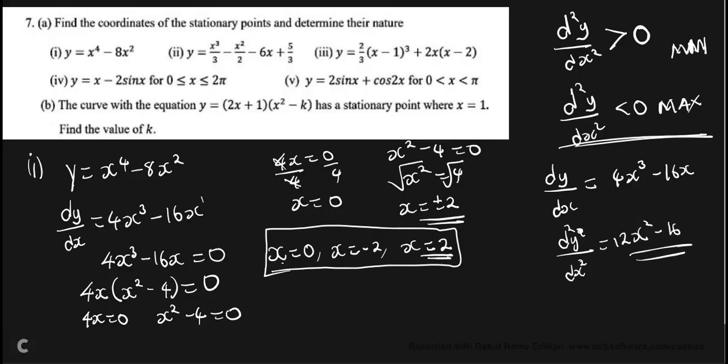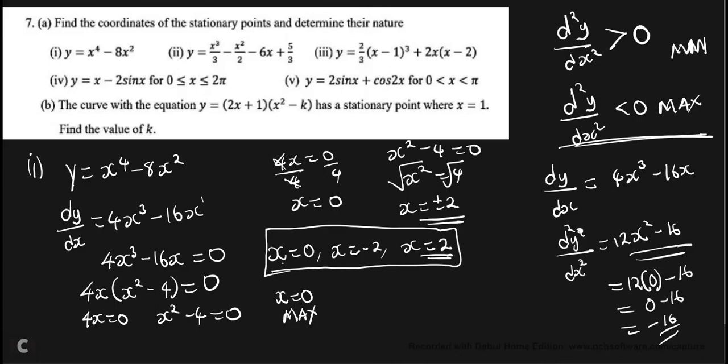Now the first thing to do is take x equals 0 and substitute it in the second derivative. The answer that you find is negative 16. Is this less than 0 or greater than 0? It is less than 0, meaning that x equals 0 is a maximum.